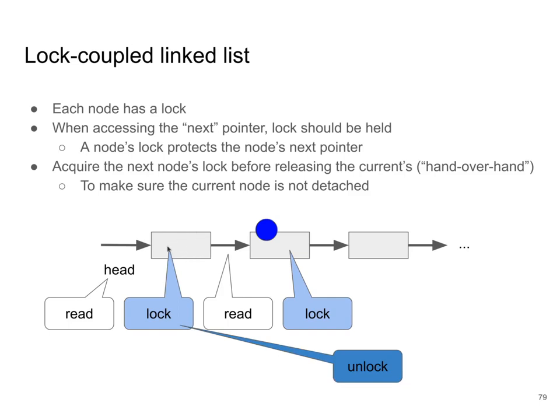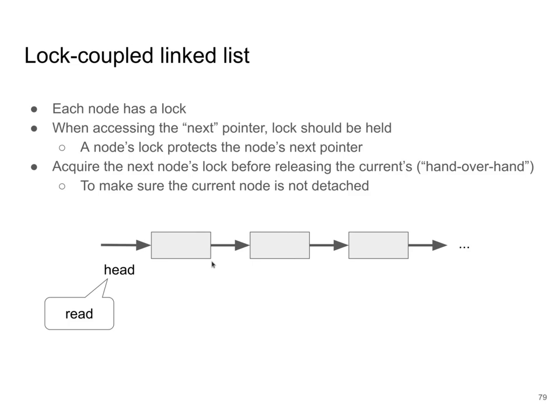The reason is that you want to make sure that the current node is not detached before you access it. If you acquired this lock after the previous one was unlocked, it may be the case that at some point in time you hold no locks on the linked list.